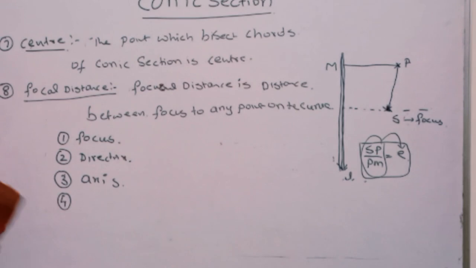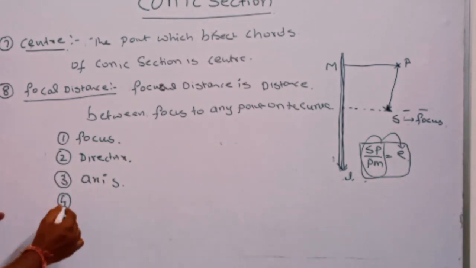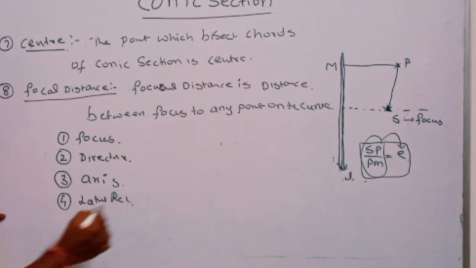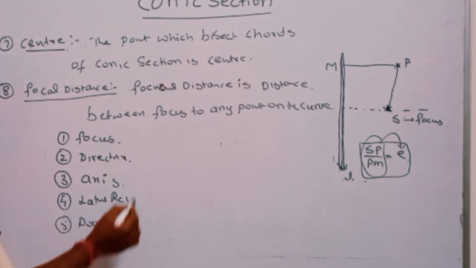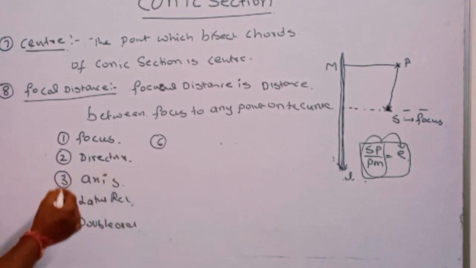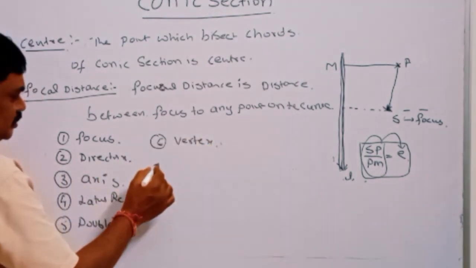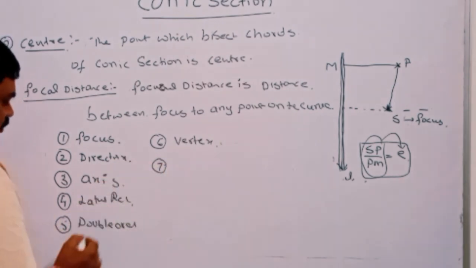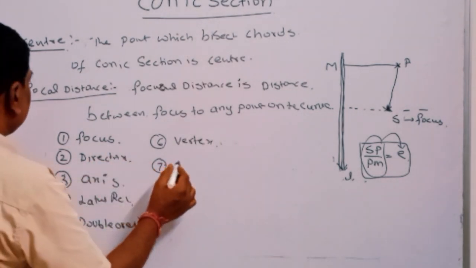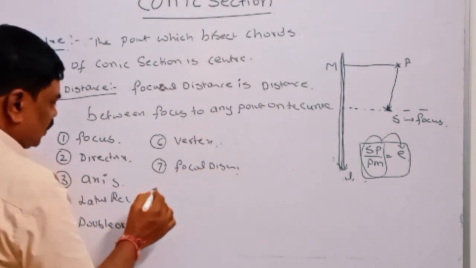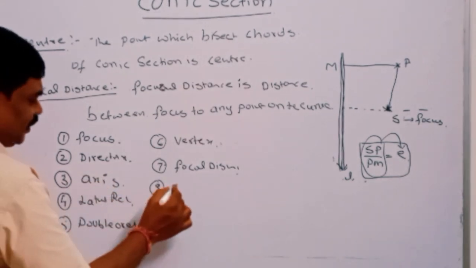Fourth one, latus rectum. Fifth one, double ordinate. Sixth one, vertices or vertex. Seventh one, focal distance. Eighth one, center of the conic section.